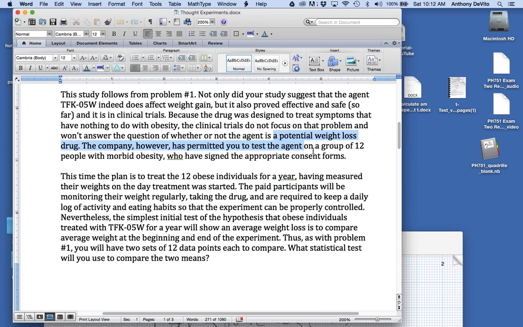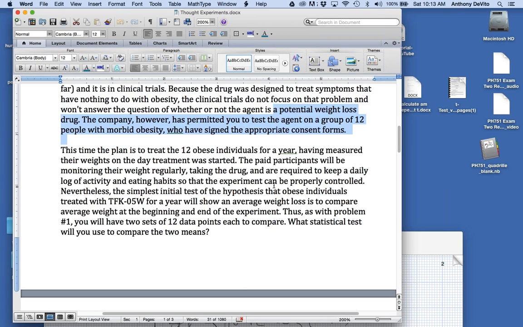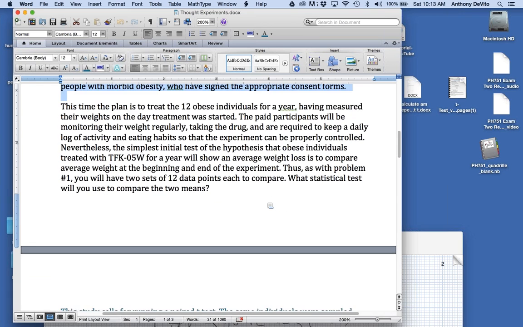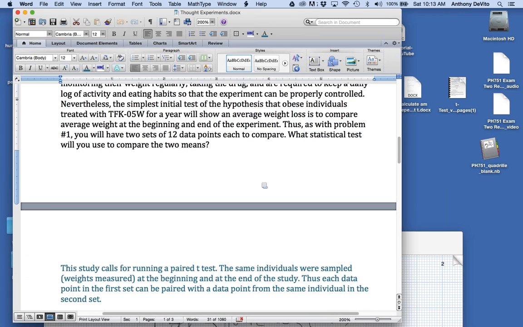So at any rate, in this case, we're going to look at 12 individuals who are already obese, and we're going to test this drug on them. Okay, so now we're going to treat these obese individuals for a year, and we measured their weight on the day that the treatment started, and they're going to follow a regimen of taking this drug and so on and so forth. You're going to be checking up on them.